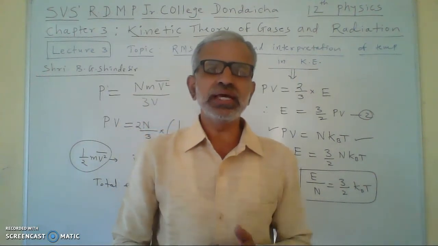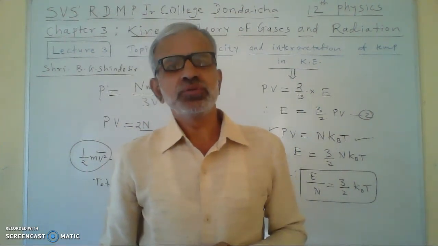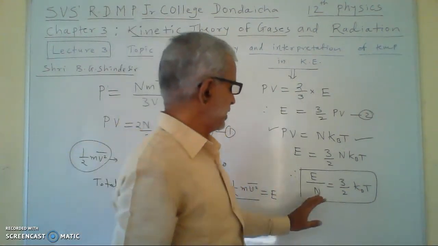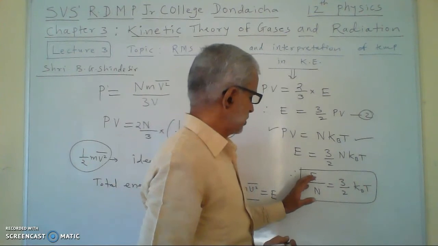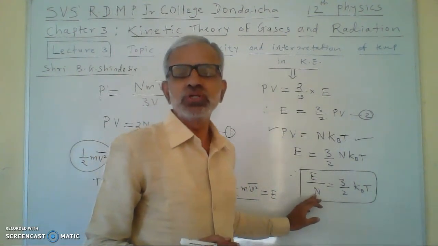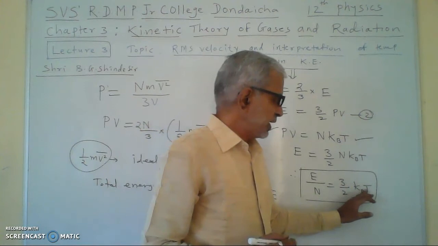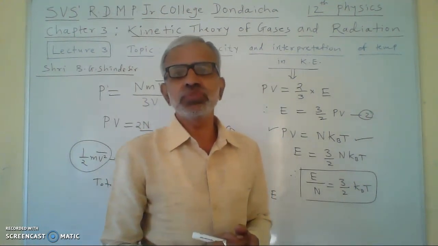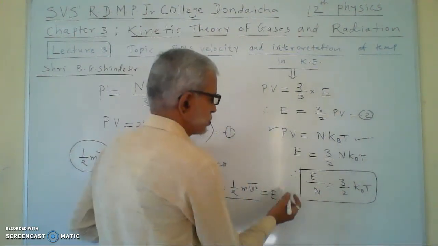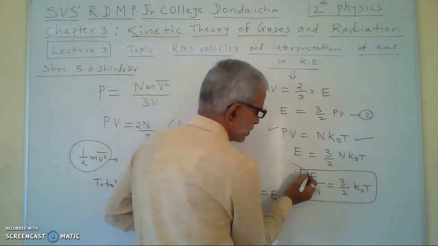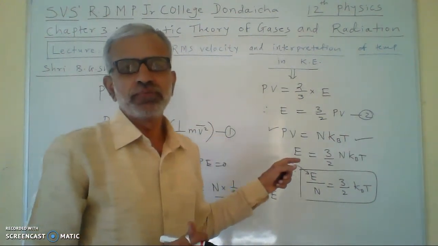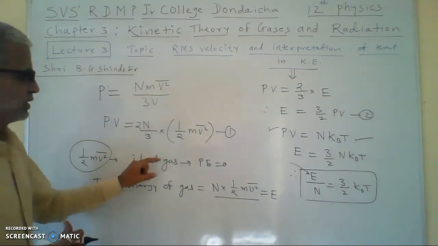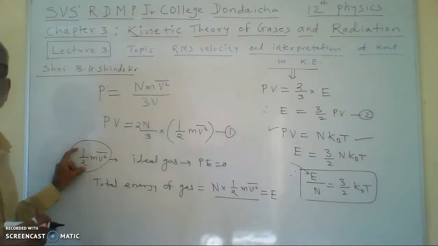So we can say that kinetic energy per molecule depends upon temperature, and this total energy per molecule of the gas is directly proportional to absolute temperature. This is the interpretation of the temperature in kinetic energy. Actually this total energy is kinetic energy here. Here we have seen that this is the kinetic energy, 1/2 m v square bar.